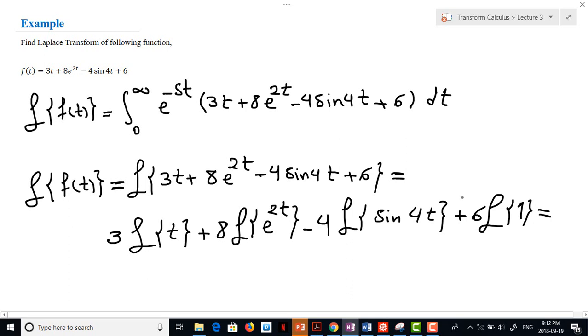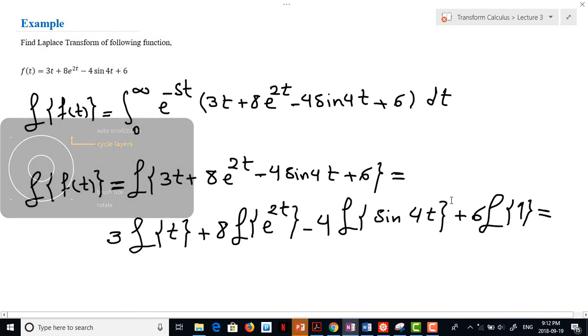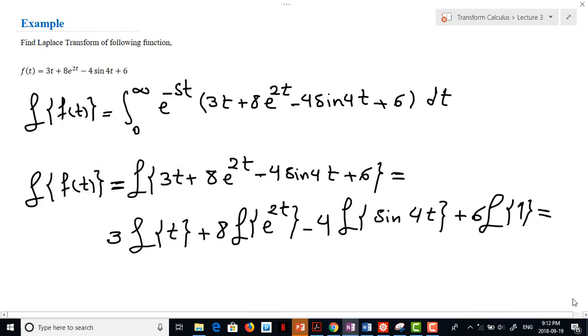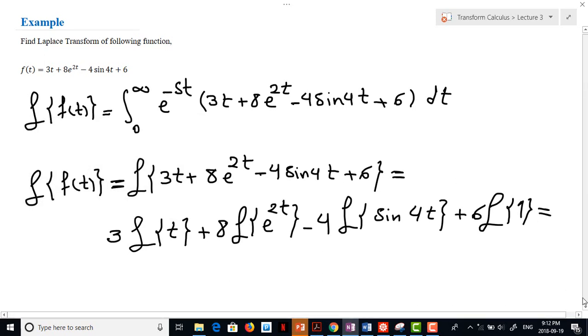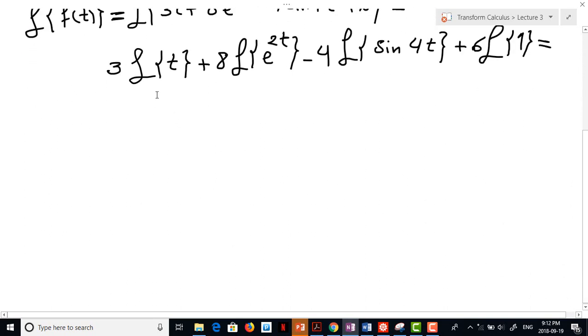So you already know that the Laplace transform of t is equal to 1 over s squared.